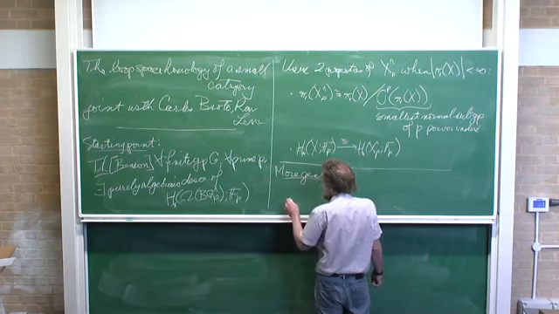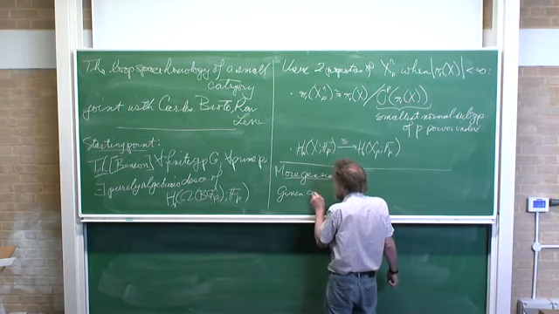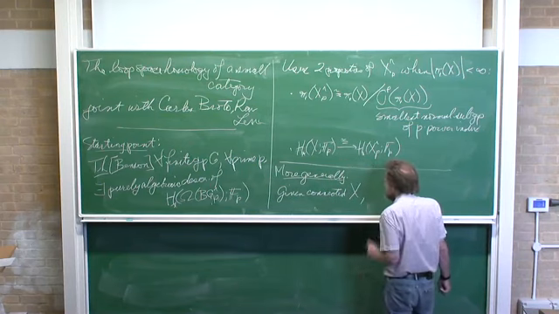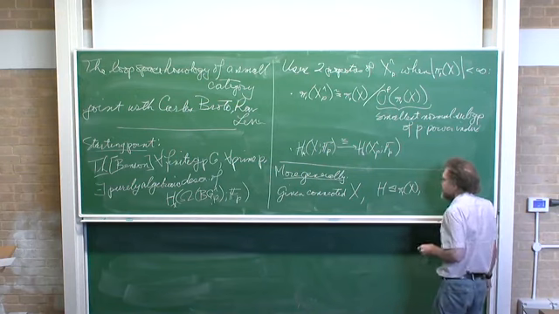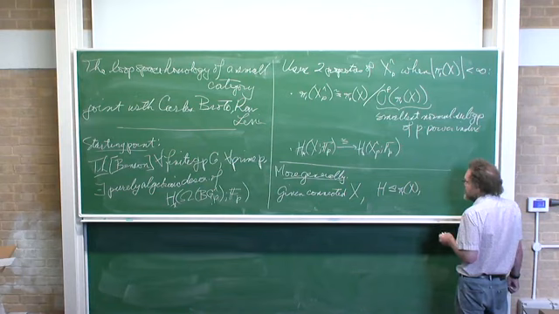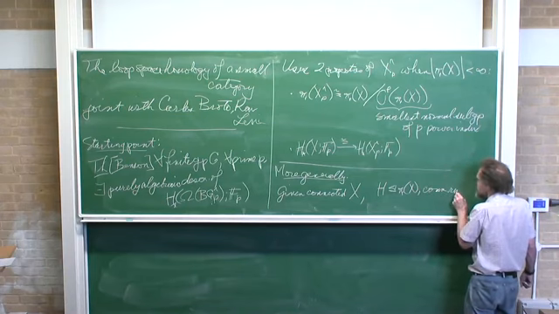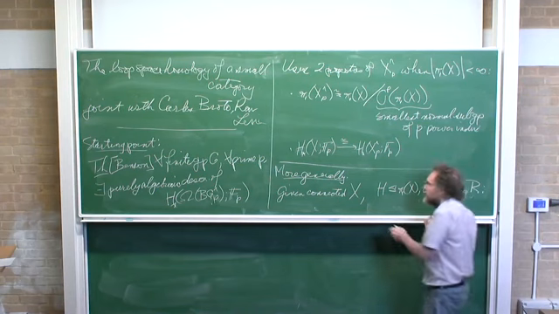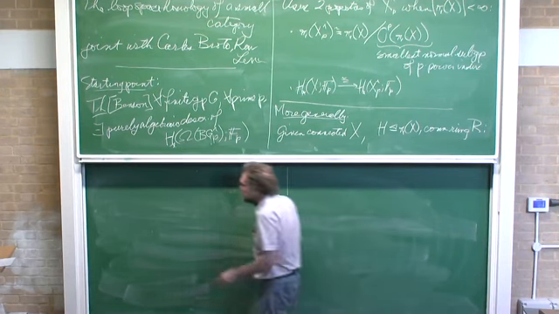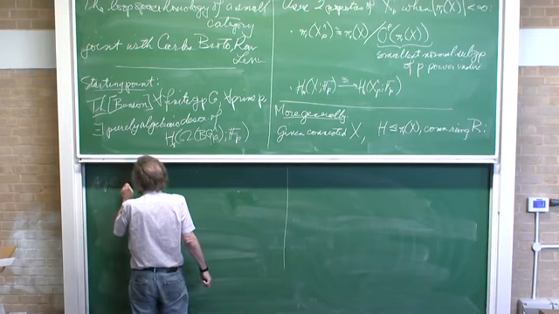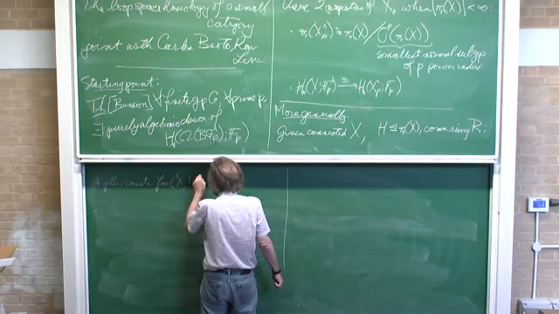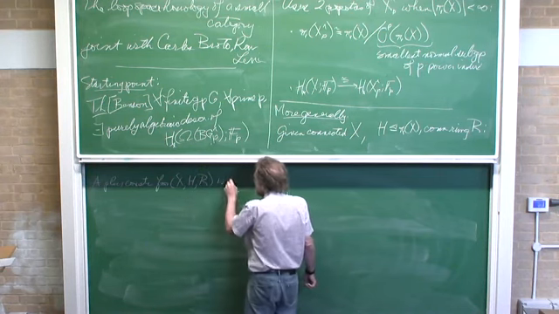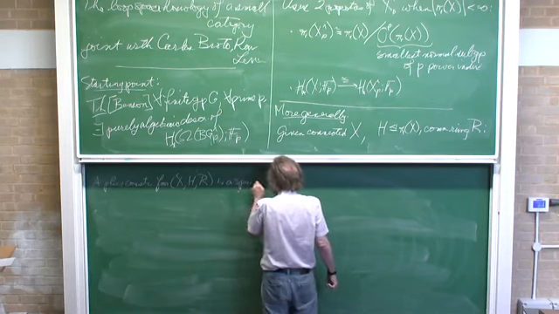So given a connected space X, H a normal subgroup of pi 1 of X, and a commutative ring R, we'll say a plus construction for the triple is a space map.